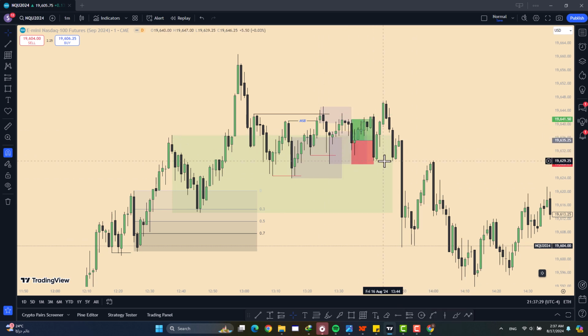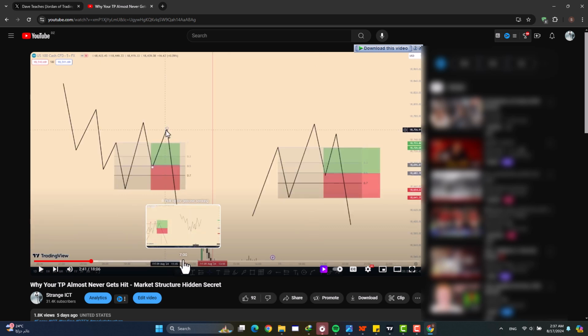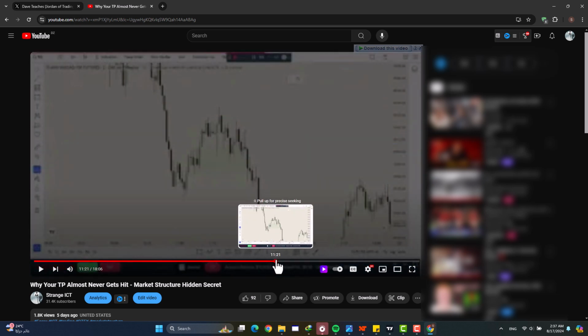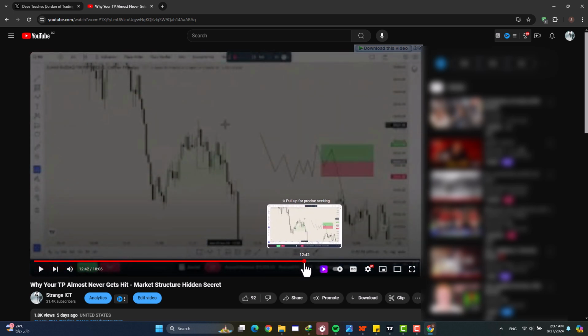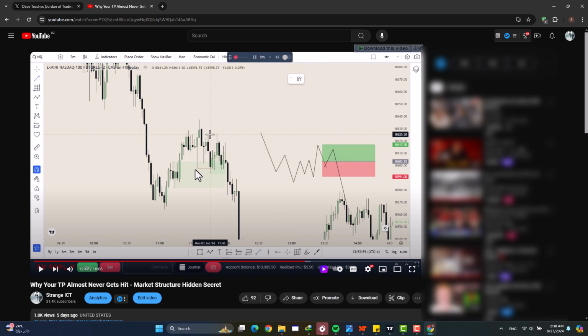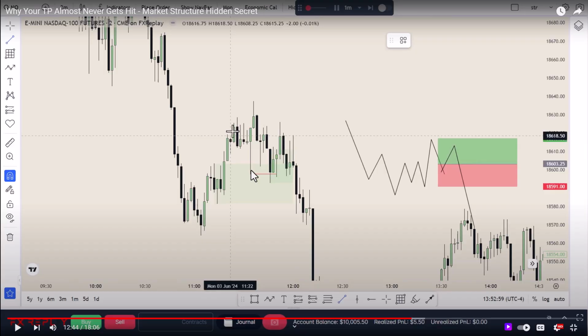So if we go to my previous videos, this video right here, I'm going to show you an example, and you know that this is not random. Same example, guys, we have a zone, price swept this low, right, sweeping, and then we also have a sweep to the upside, price returned back into here, right, another sweep, return back.